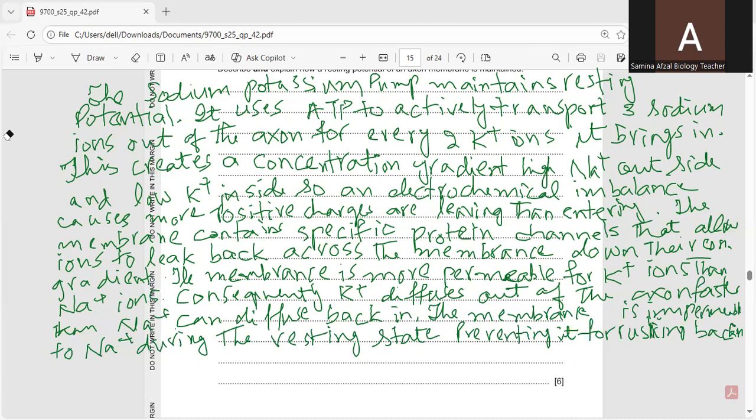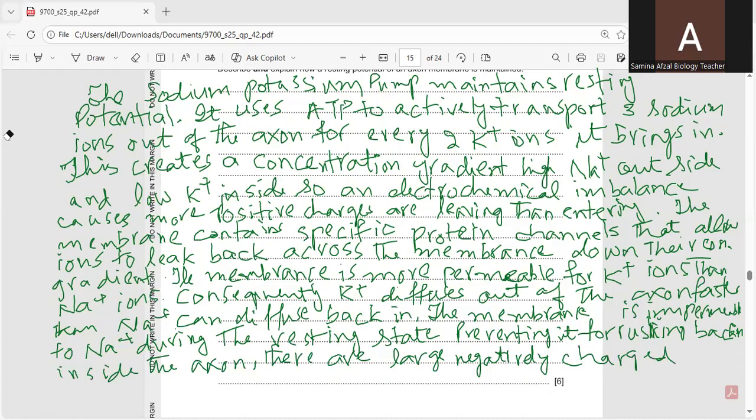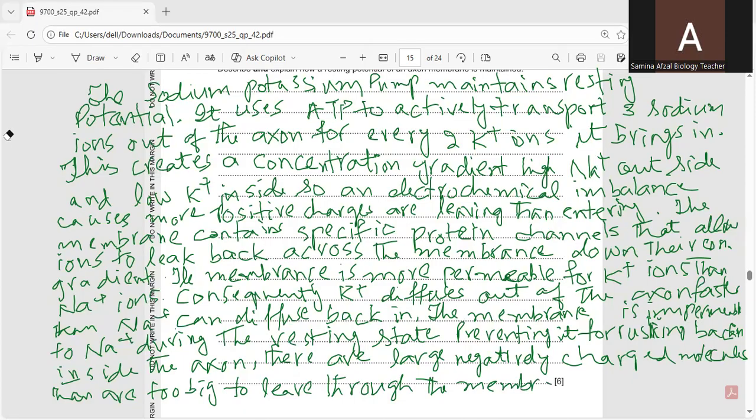So what happens now inside the axon? Inside the axon, there are large negatively charged molecules that are too big to leave through the membrane.